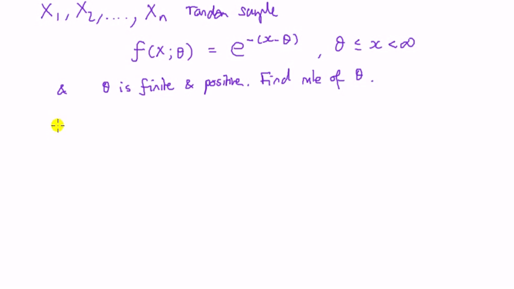Okay, the usual way that we solve this then, step 1, write down the likelihood function. L, capital L for likelihood, and then theta the parameter. Recall that this is equal to the product of the marginals.